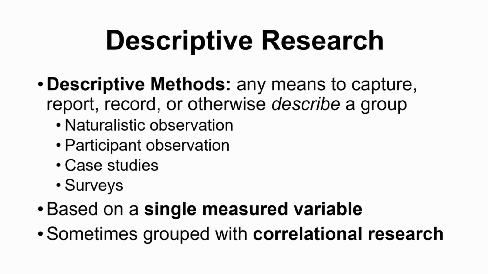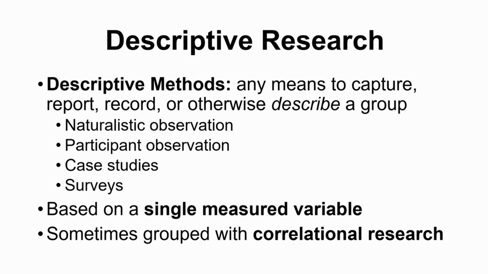So if we have descriptive methods, these are any means or methods that we can use to capture, report, record, or somehow describe a group. And so we're looking at some kind of measurement for that particular group. So we can use methods like naturalistic observation or participant observation.